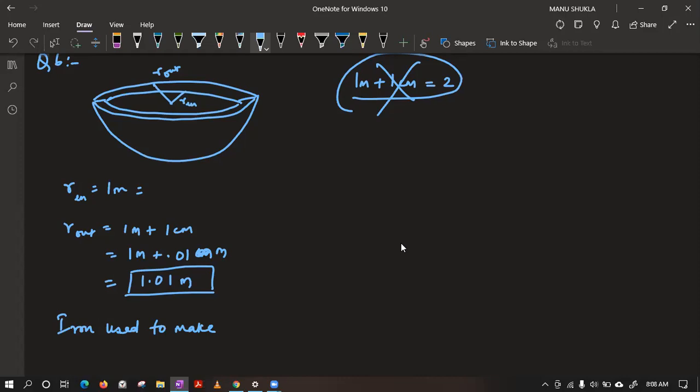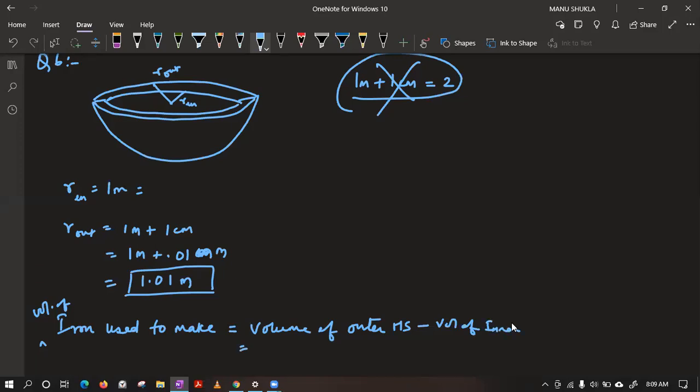Yes, that will be volume of outer hemisphere minus volume of inner hemisphere, because we don't want the volume of air, we only want the volume of iron.